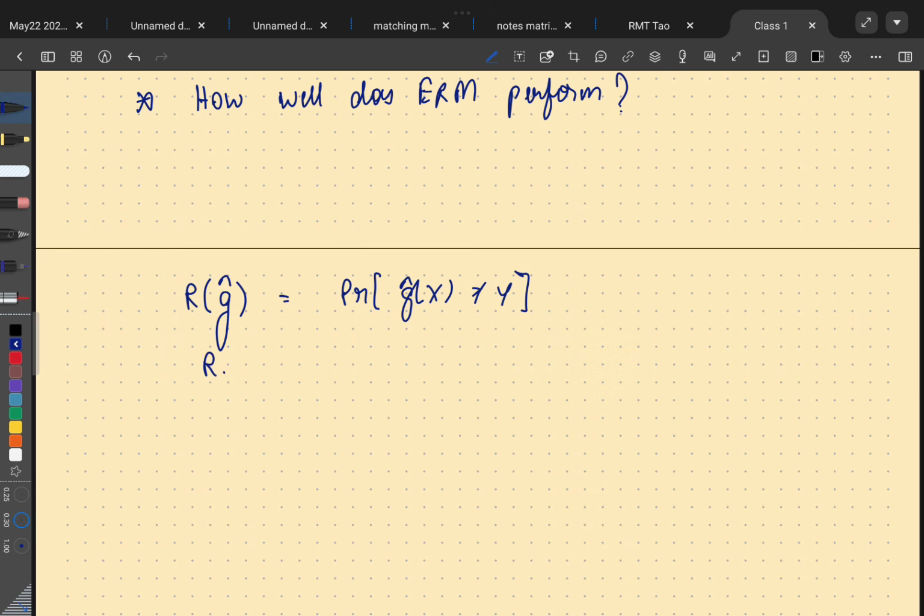So let me define RS of G hat to be 1 by n, summation i equal to 1 to n, indicator G hat of xi not equal to yi. This is what I'll call the empirical risk.